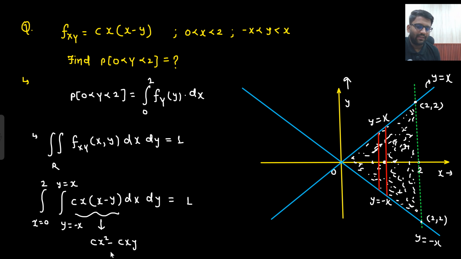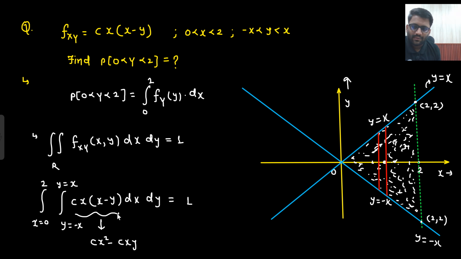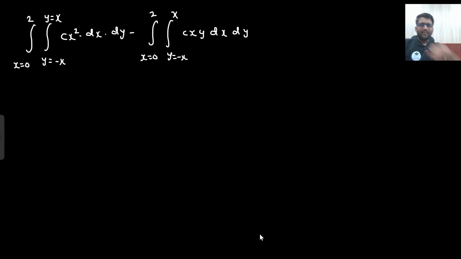So x goes from 0 to 2, y goes from minus x to plus x, cx square dx dy minus the integral of cxy dx dy. First I will solve the integration of y, then the integration of x.